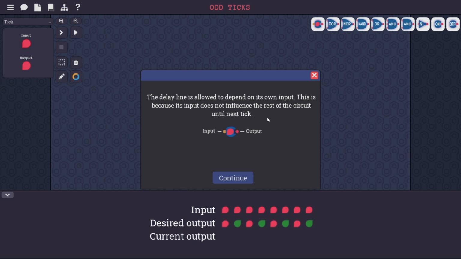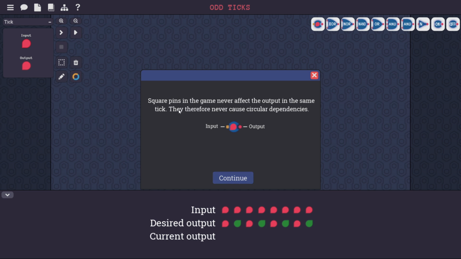So this is the exception that we're being told over here. It says the square pins in the game never affect the output in the same tick. They therefore never cause circular dependency. Continue.